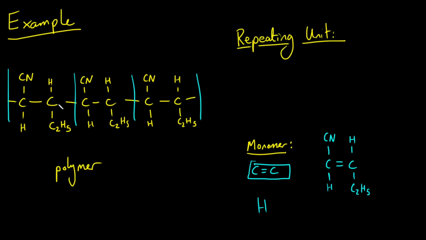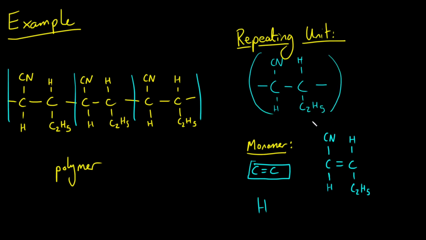Doing that makes it a little bit easier to see what's being repeated each time. And what is being repeated is this carbon to carbon with, again, H up here, CN there, H down there, and this C2H5, and I'll put a bracket around that.